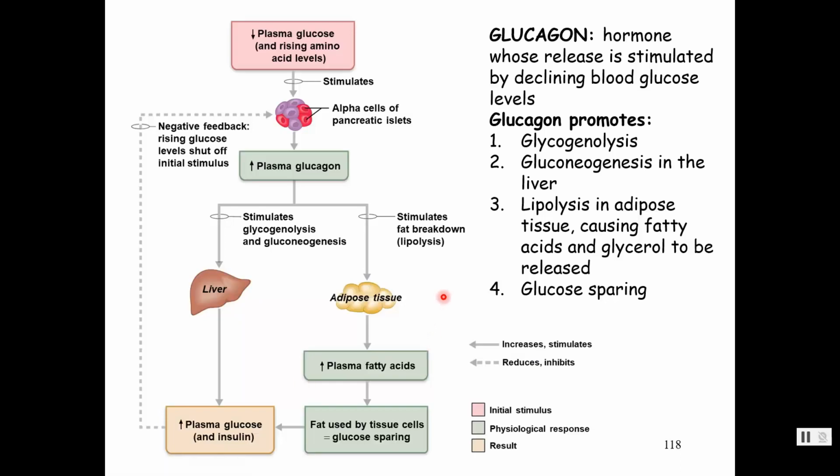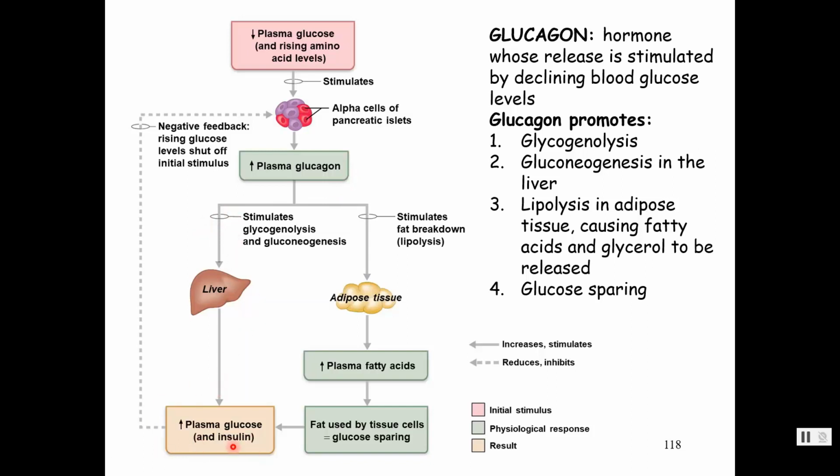All right. So the hormone that's going to rule that post-absorptive state is glucagon, because the glucose is gone. Low plasma glucose is going to stimulate those alpha cells to release glucagon. Glucagon is going to stimulate glycogenolysis and gluconeogenesis. That is going to raise blood glucose levels.